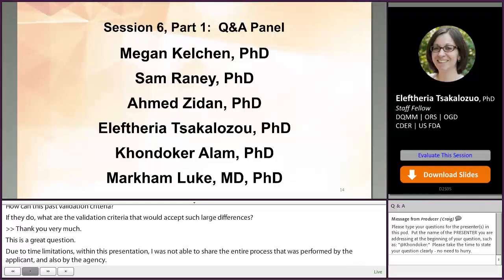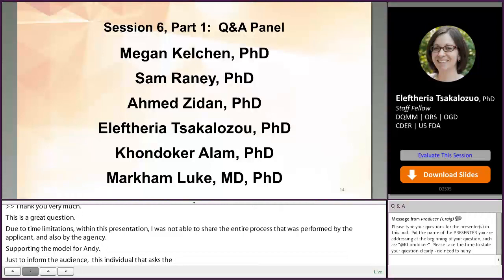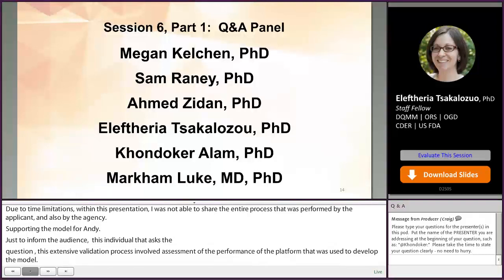Just to inform the audience and the individual that asked the question, this extensive validation process involved assessment of the performance of the platform that was used to develop the model, and it also involved the development of dermal PBPK models for products that included diclofenac sodium, but were not the emulsion, the reference product.